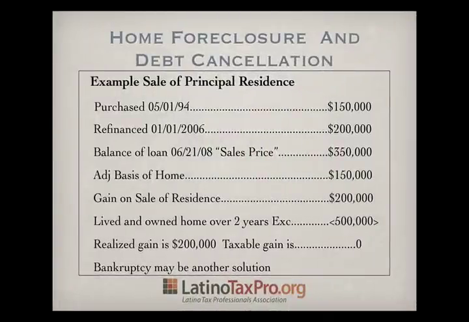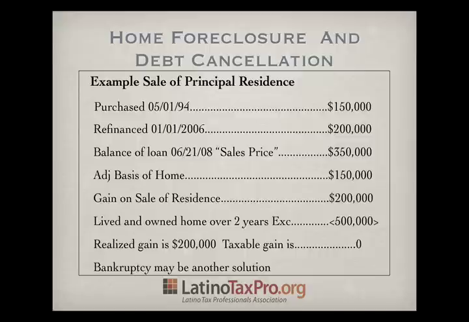Here's another example. This is a principal residence purchased in 1994, refinanced in 06 for $200,000. However, because of negative amortization, the balance of the loan is $350,000. The adjusted basis is $150,000.